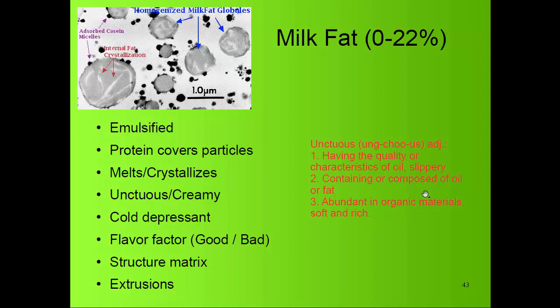And the way these melt or crystallize gives you some more mouthfeel for your ice cream. Too much milk fat, and it can become oleaginous, which means having the quality or characteristic of oil. So it tastes like you're eating something oily. It's containing or composed of oil or fat, whereas an abundance in organic materials, and it's soft and rich.